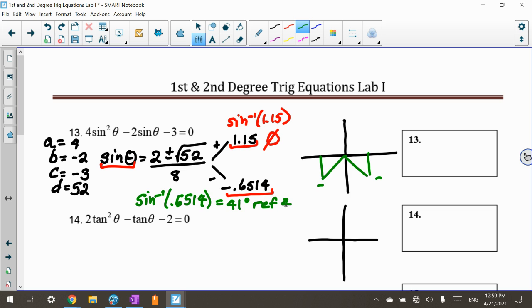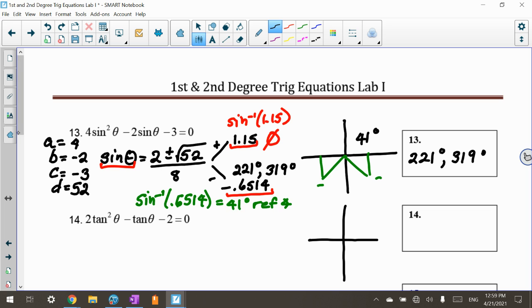It is not one of the answers because 41 degrees lives here. But I'm going to use that 41 degrees, adding it to 180 and subtracting it from 360, to find the actual angles. When I do 180 plus 41, I get 221 degrees. And when I do 360 minus 41, I get 319 degrees. So those are our only two angles that make this one work.